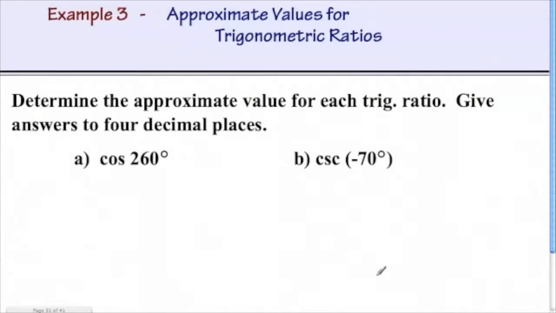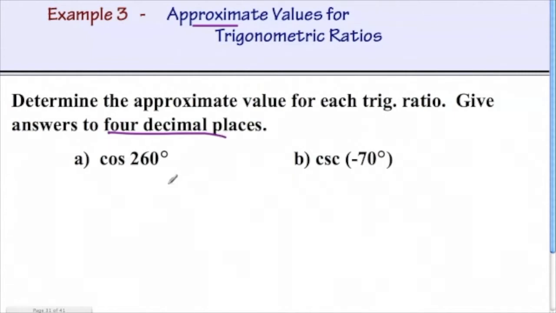So on these questions, when we have to approximate, that means we're using our calculator because it's saying to 4 decimal places. So we're going to use our calculator to calculate those answers. You would just get your calculator out.